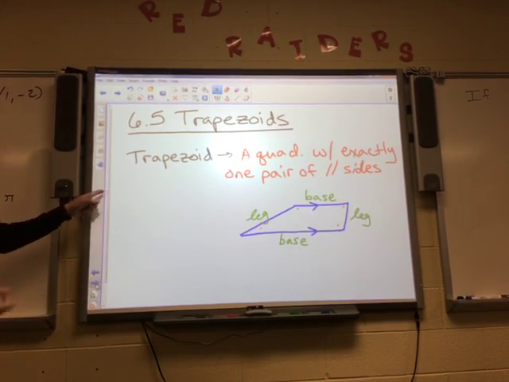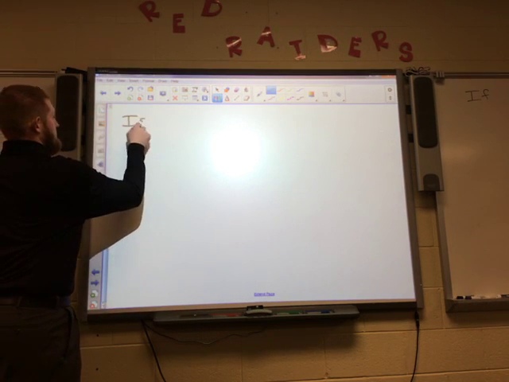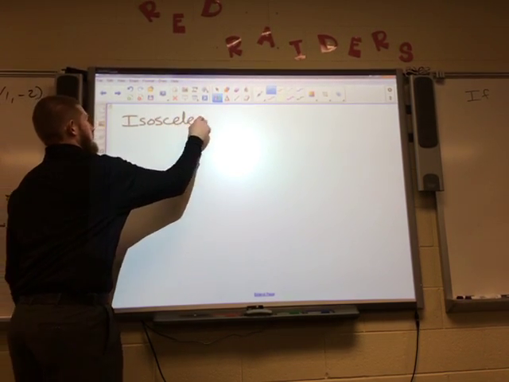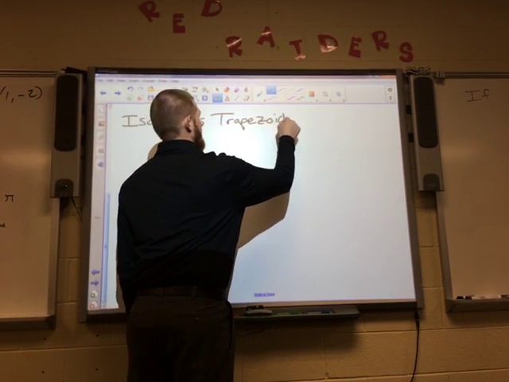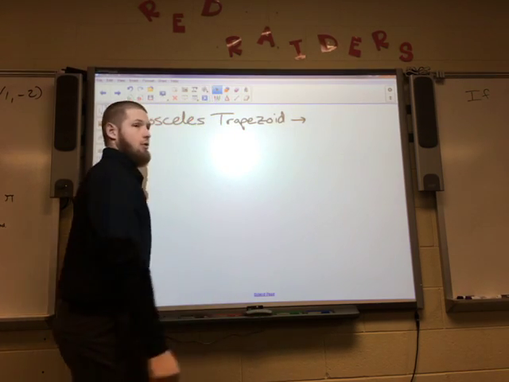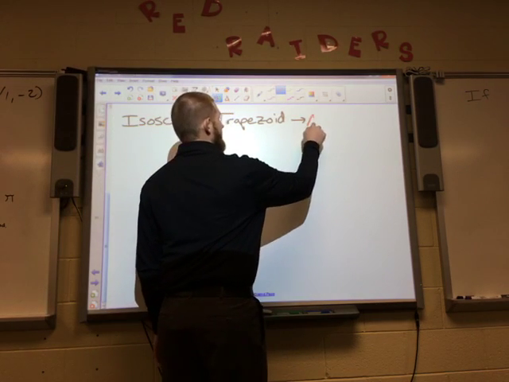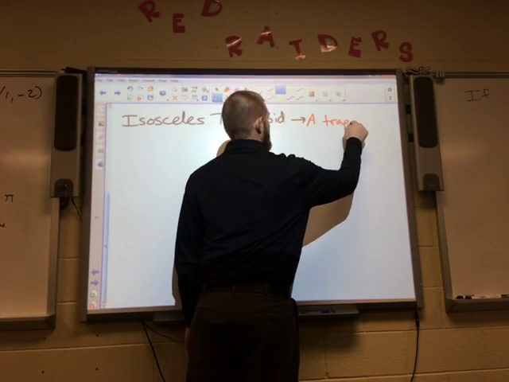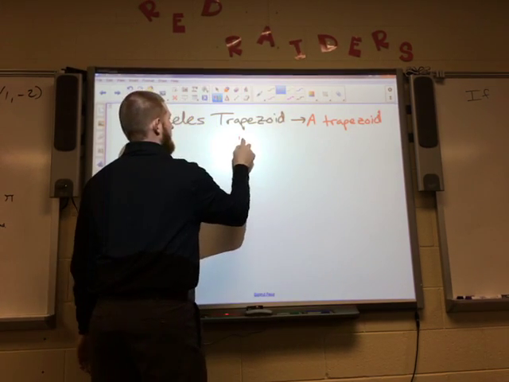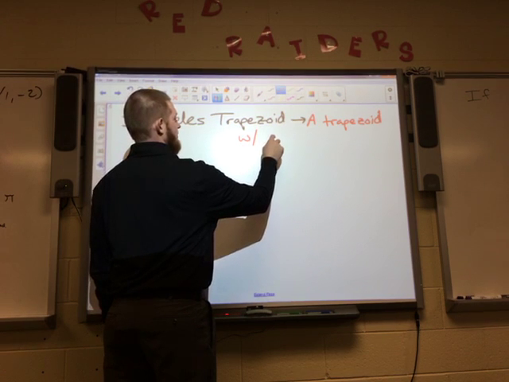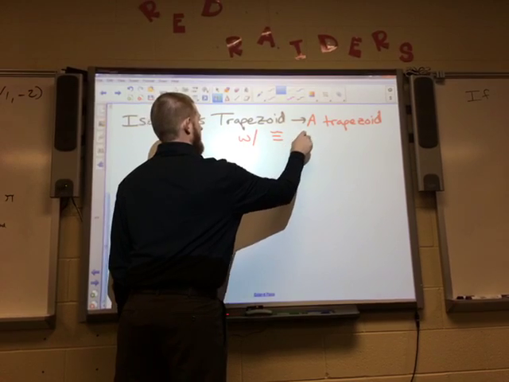Now, the type of trapezoid that we typically think of is an isosceles trapezoid. This is typically what we think of when we think of a trapezoid. Okay? It's a trapezoid with legs, or let's say congruent legs.